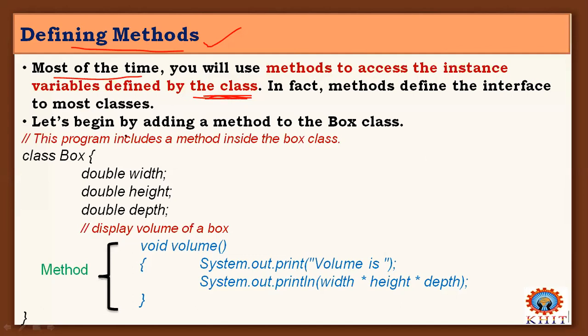In fact, methods define the interface to most classes. Why? Because these methods generally represent the class behavior, how the process of the class actually goes, and they give the action applying on a particular object.